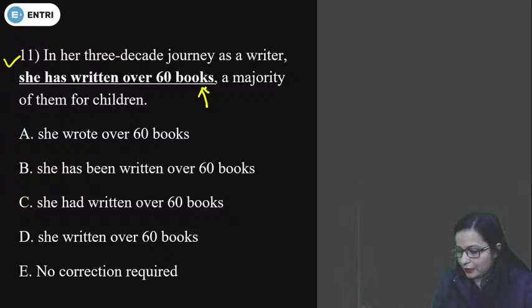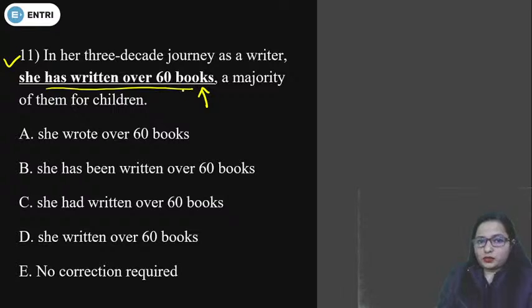Rajeshwari, you are saying A for the 9th or the 10th or the 11th question? Okay, for the 10th question, yeah. She has written over 60 books. And we have options like she wrote over 60 books, she has been written, she had written, she written over 60 books. What would you choose?